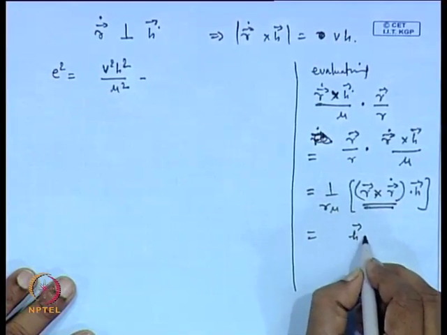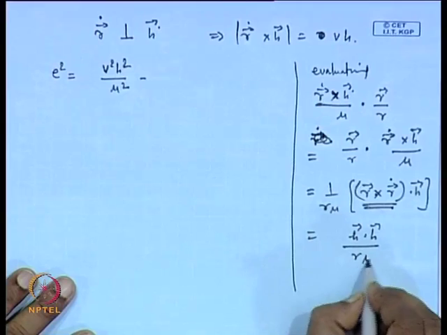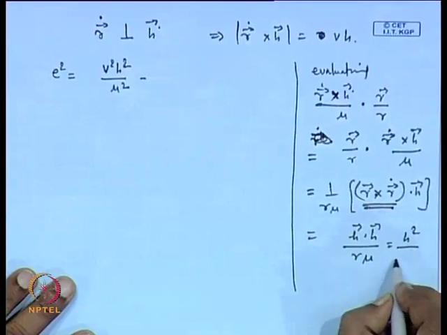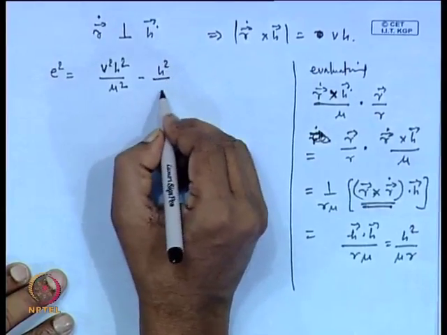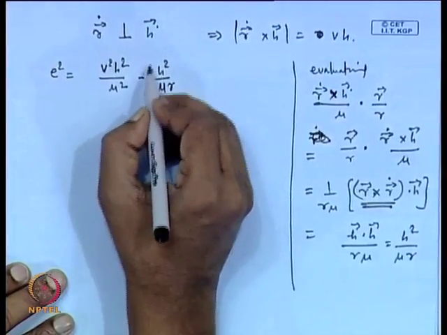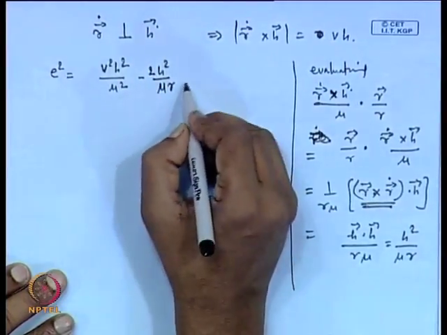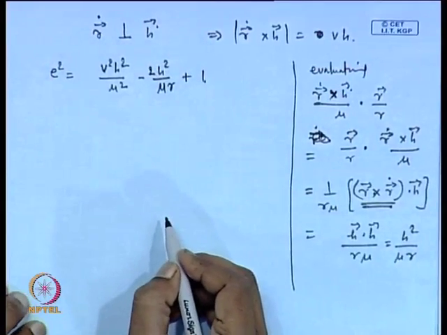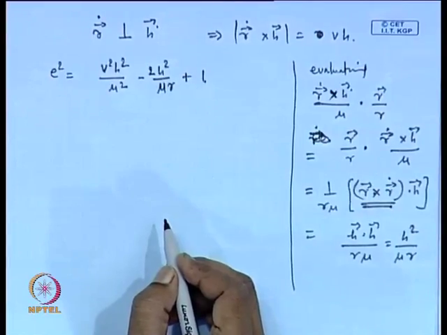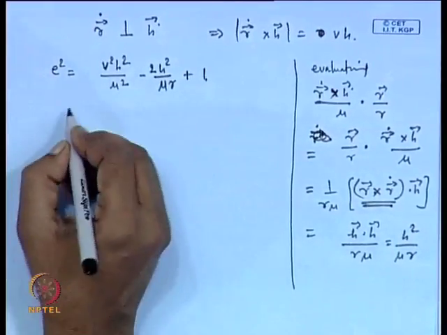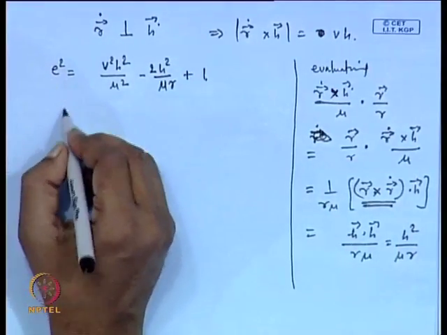So, this becomes h times h by r mu. So, this becomes h square by mu r. So, here we get h square by mu r, multiplied by 2, and this is plus 1. Okay.